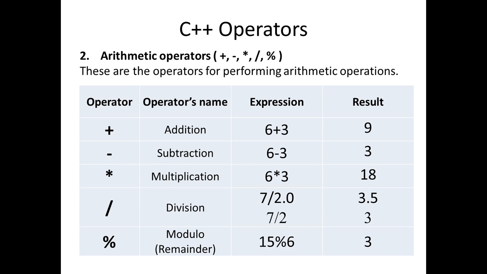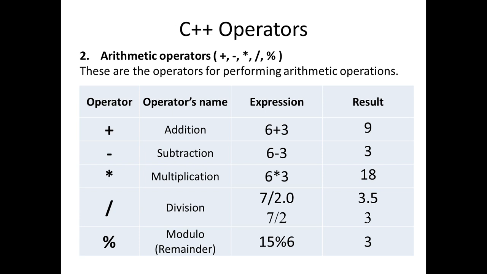Then we have 7 divided by 2, which gave us 3. Why the difference? Is there any difference between 2.0 and 2? No, mathematically speaking, but program-wise, there is a difference. The difference lies in the data type. 2.0 is double or float, while 2 is integer. So when you do integer divided by integer, what you are performing is what we call integer division.